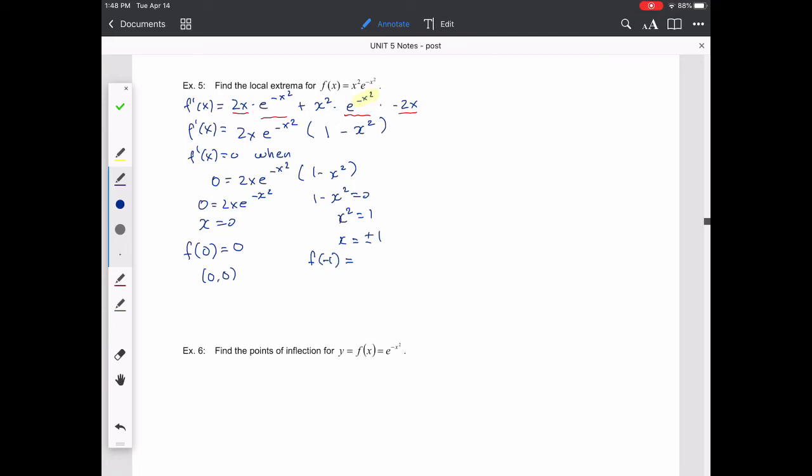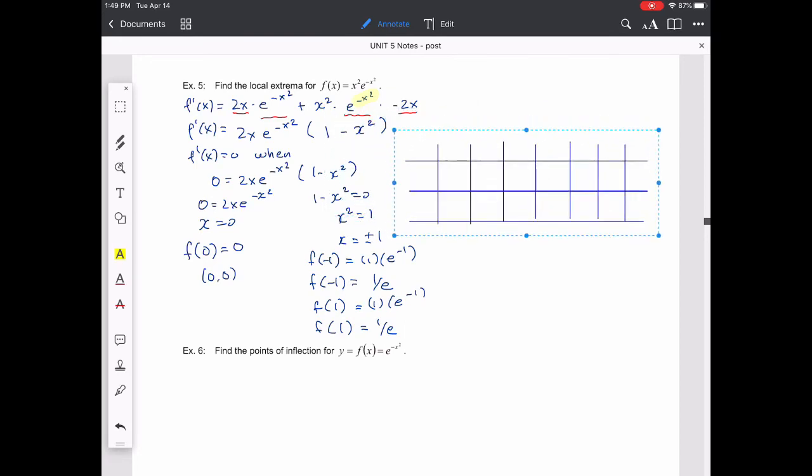So it's going to be 1 times e to the negative 1, which f of negative 1 is going to be 1 over e. And if I do f of 1, it's going to be 1 times e to the negative 1, which f of 1 is going to equal 1 over e. So the next thing I'm going to do is create a table and see if this works.